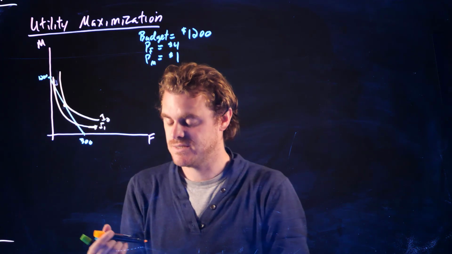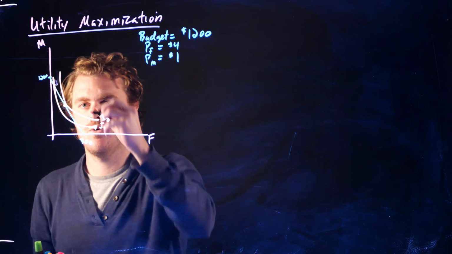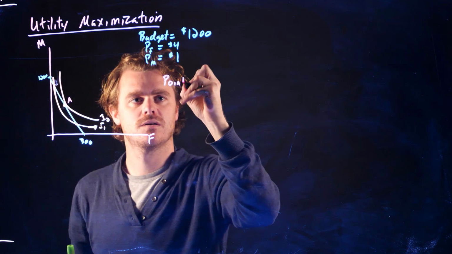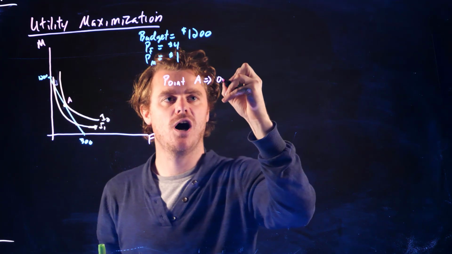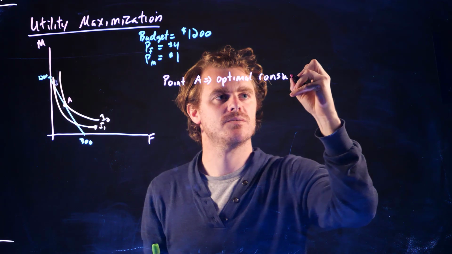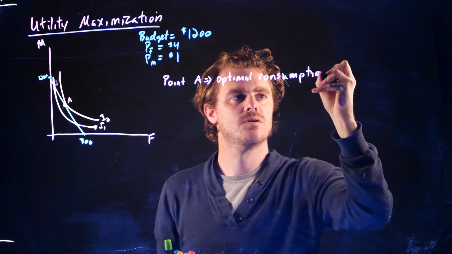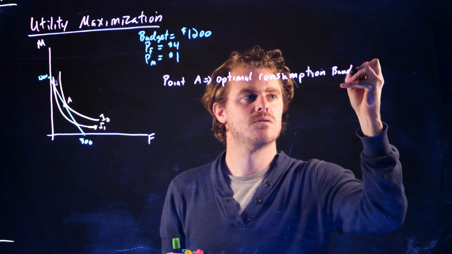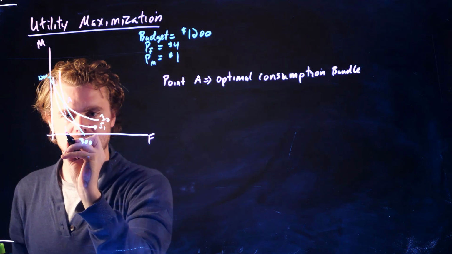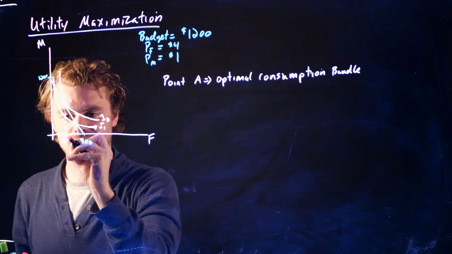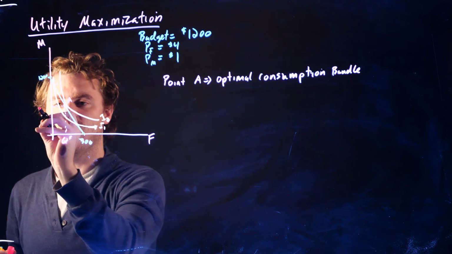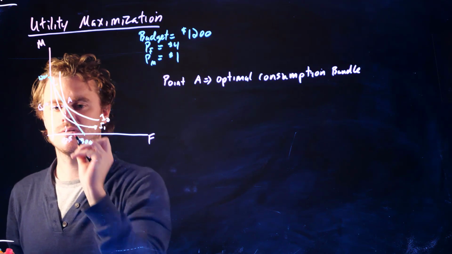So for instance, if we label this point A, point A is the optimal consumption bundle. So what that's saying is that this point A here, this is our quantity of fish, and this is our quantity of mangoes.